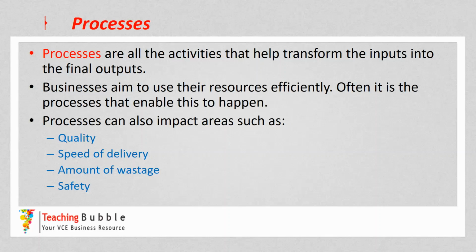If the processes are very poor, they may use more resources than they need to, but if they are very efficient, they'll be maximizing the amount of goods or services that they produce for the amount of resources that they use. Processes also impact areas such as the quality of the product, the speed of delivery, so how quickly it can get to consumers, how much waste is produced, and also how safe the employees are.